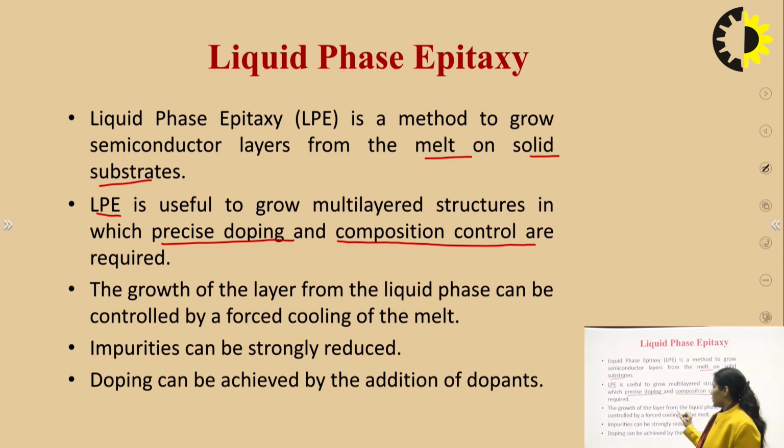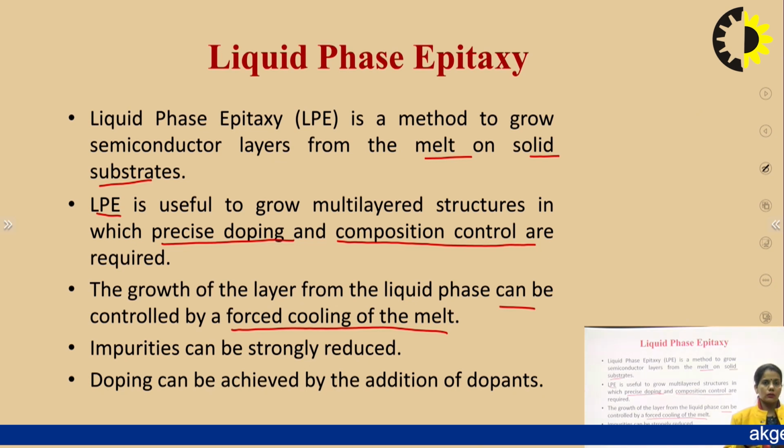The growth of the layer from the liquid phase can be controlled by forced cooling of the melt. When the melt is deposited on the substrate, it has to be solidified to get converted into the monocrystalline form. So by forcefully cooling the melt according to the requirement, we can deposit multiple layers of the desired thickness.